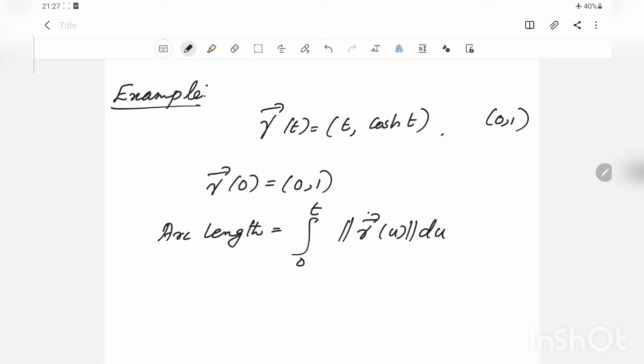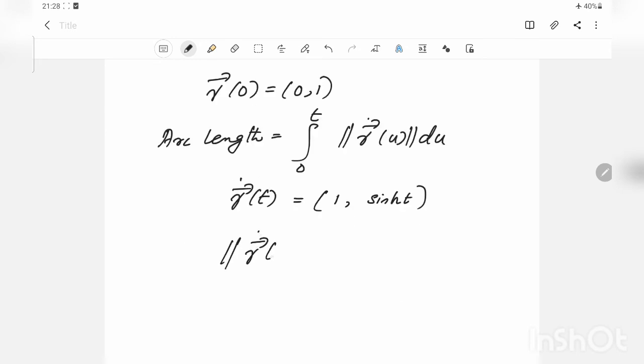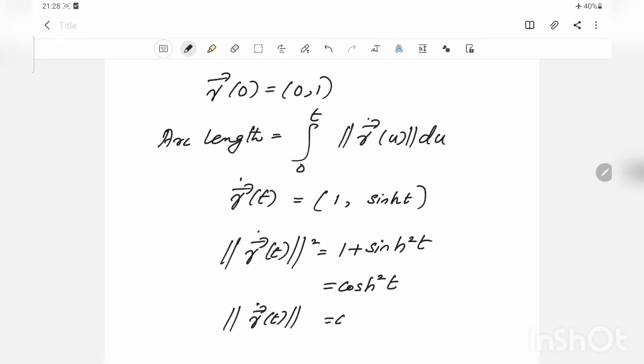Then gamma dot of t, by differentiating these terms component-wise, is (1, sinh t), since the derivative of cosh t is sinh t. The norm of gamma dot of t is the root of 1 plus sinh square t, so its square is 1 plus sinh square t, which equals cosh square t. Therefore the norm of gamma dot of t is cosh t.